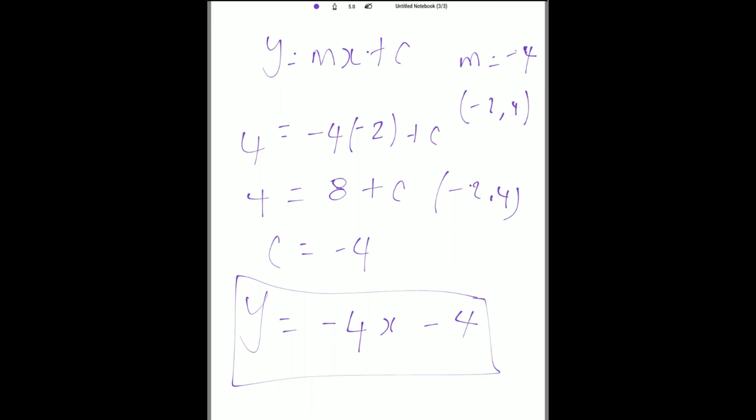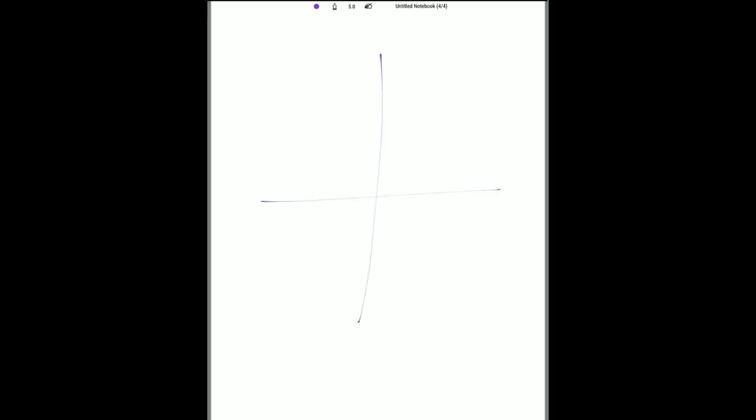Now, let's say, redrawing that very same curve y equals x squared, that we not only wanted to find information on the tangent to the curve at the point negative 2, 4.